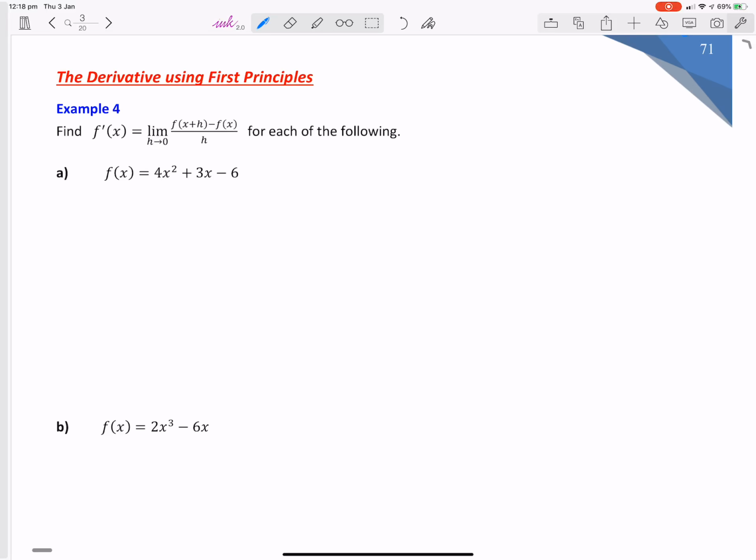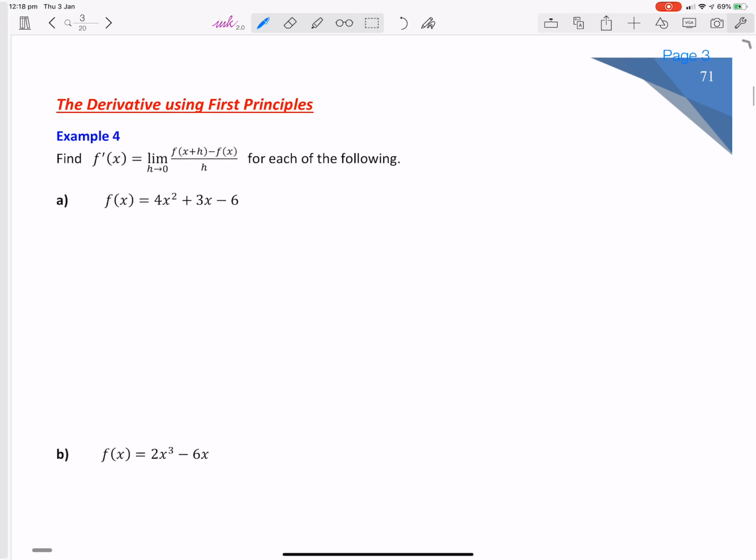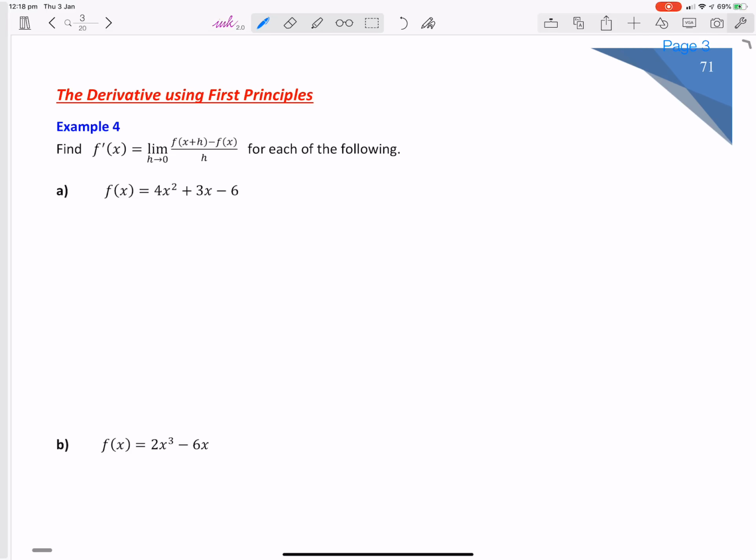Now we're going to have some fun with first principles, which everyone seems to love. What is first principles? Well, it's finding derivatives by using differentiation. It's how differentiation comes about. Basically, if we have a graph, I've got a point here, let's say that's x, and then I've got another point here, x plus h.